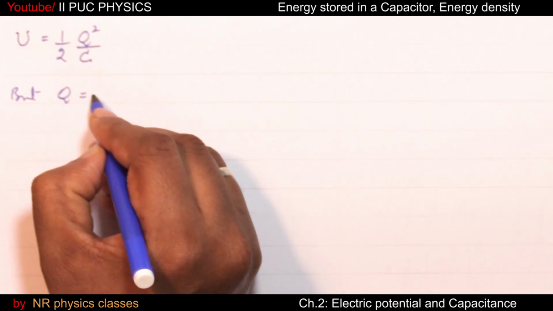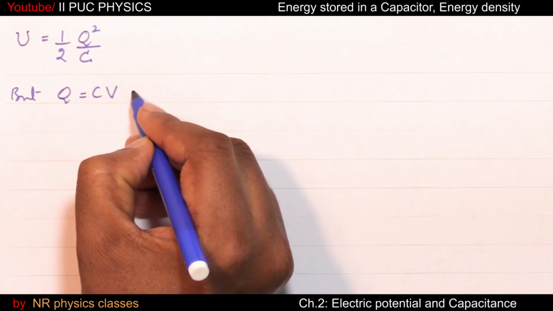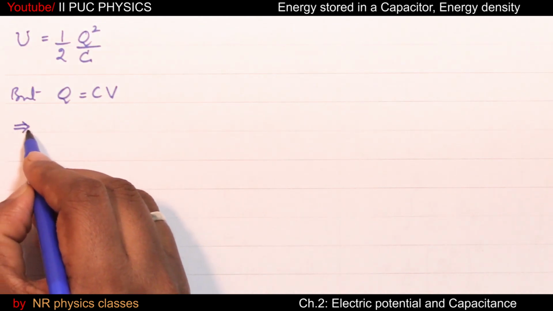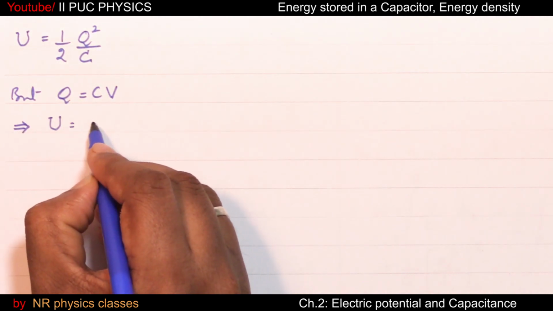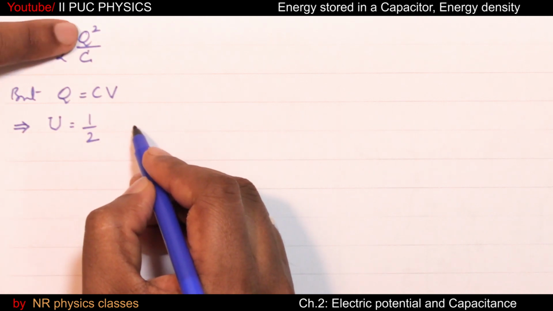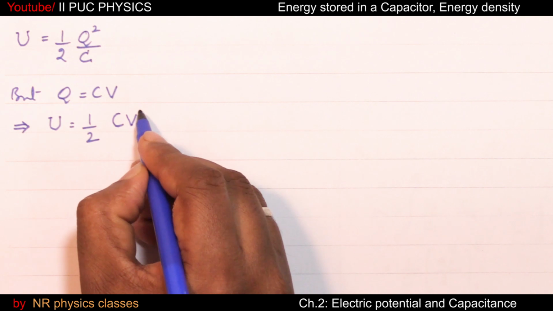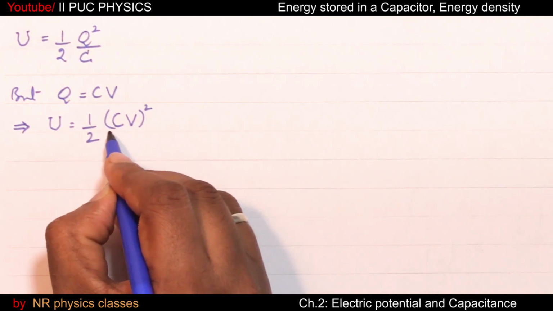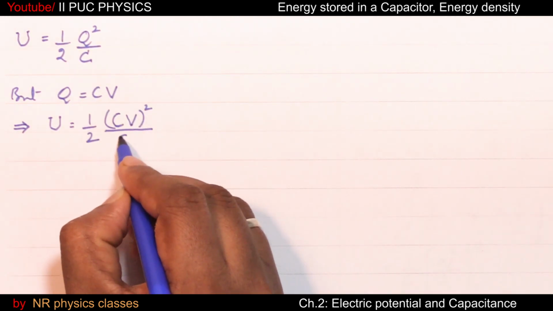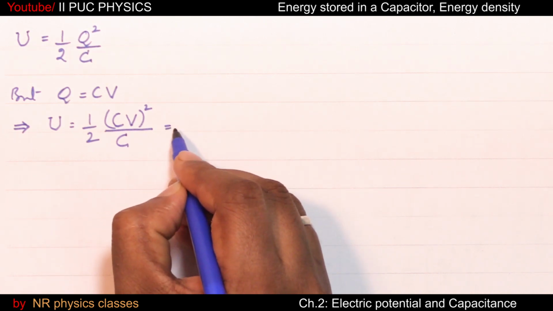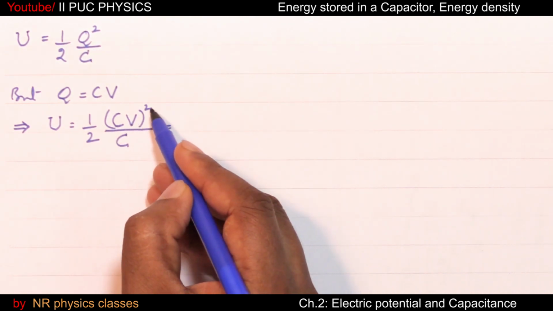But Q equal to CV implies potential energy equals half, in place of Q write CV, therefore CV whole square by C, equal to C square V square by 2C.